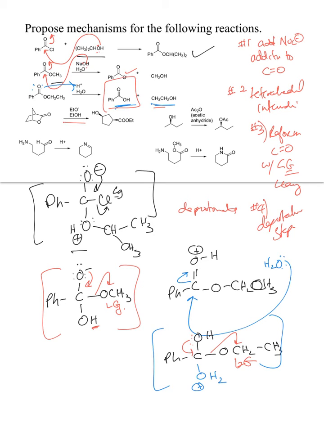Okay, this is a base. And this is an ester. This is a strong base. So the ethoxide is going to come in here and form your tetrahedral intermediate. So let's go ahead and draw the tetrahedral intermediate with the O ethyl group here. That's your tetrahedral intermediate. And then these electrons are going to go here, and this is going to be your leaving group.